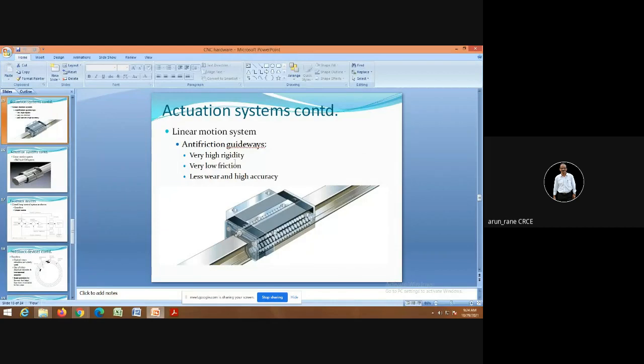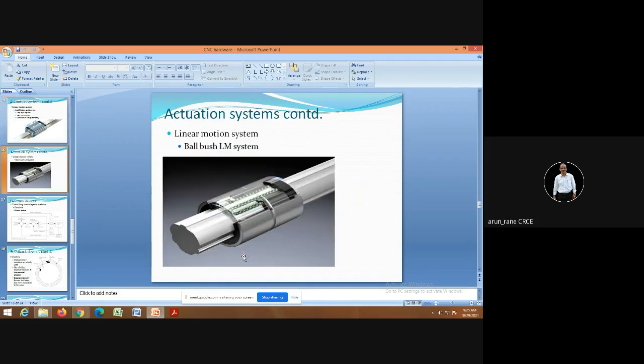Linear motion guideways are also popular. So again, in LM guideways you have balls which are fitted in the guideways, which reduces the friction and gives a stick free motion.